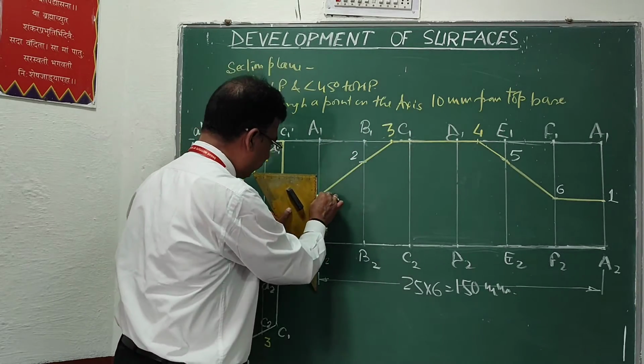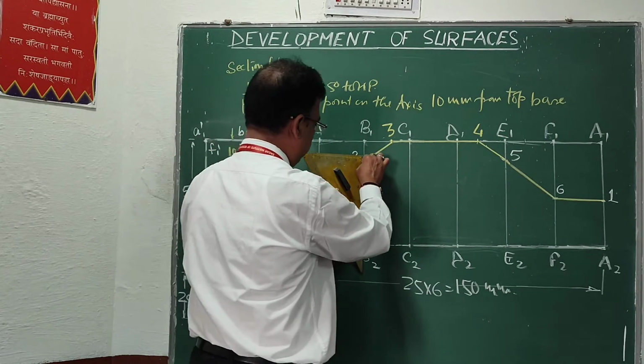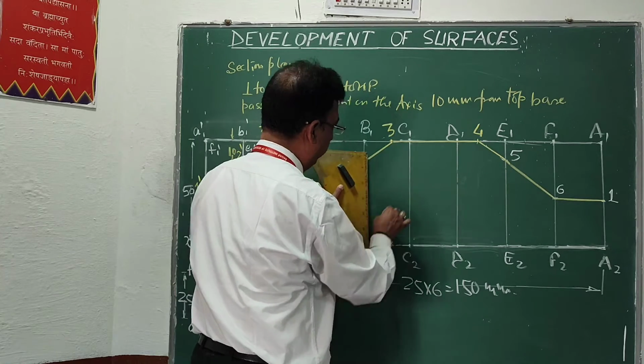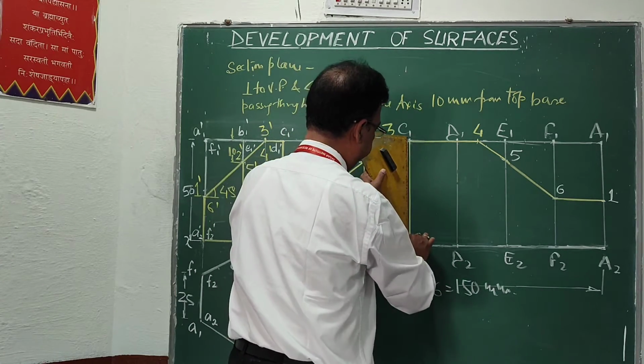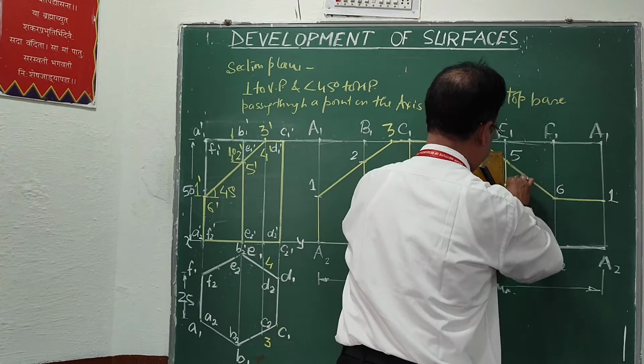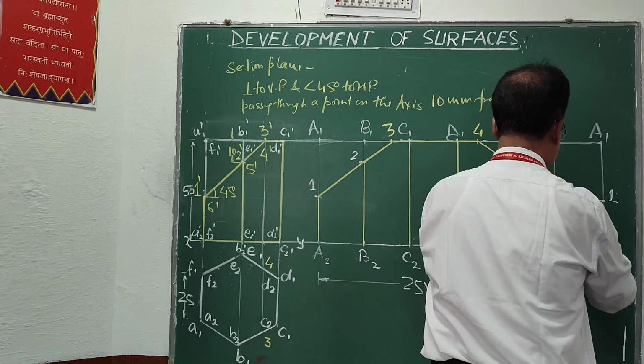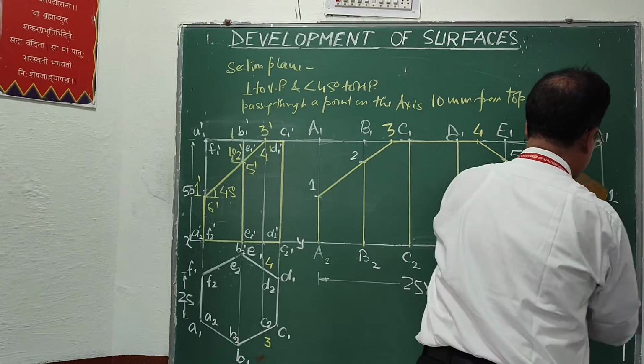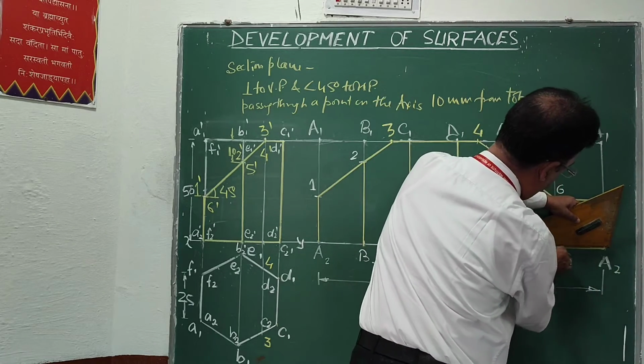Now darken these vertical edges. These are the lines from which we are going to fold the solid. These are all solid lines. Again join this, darken this lower line.